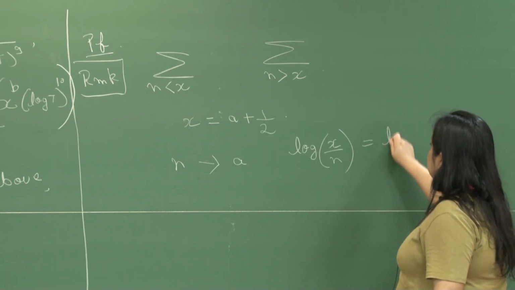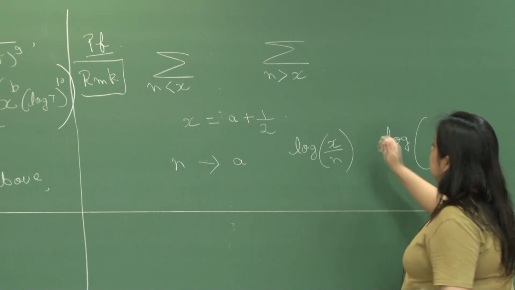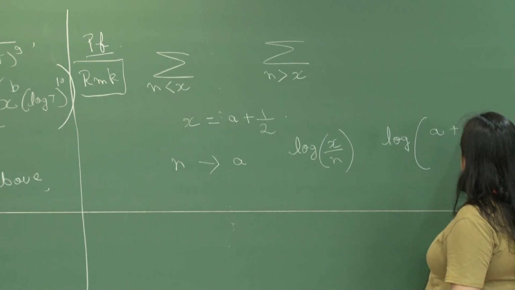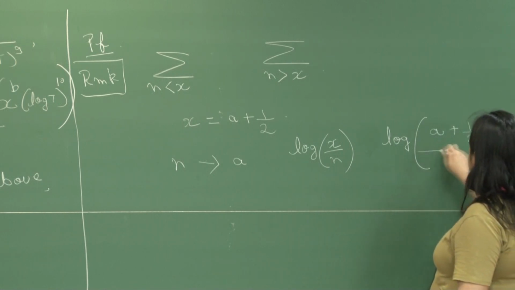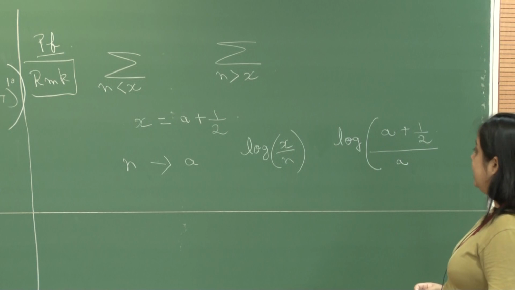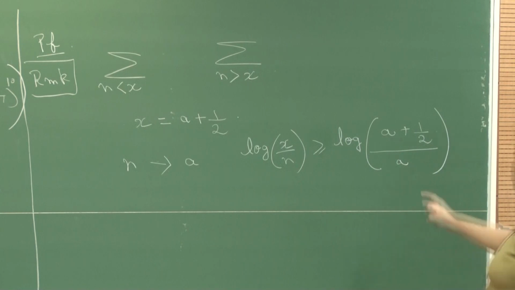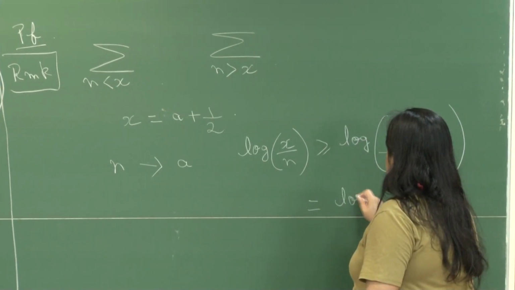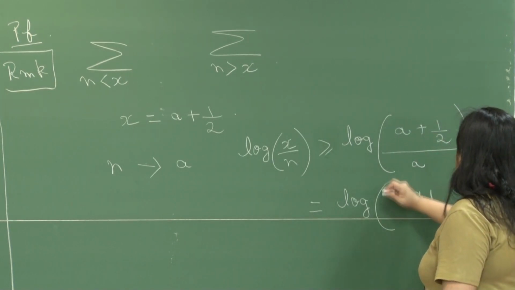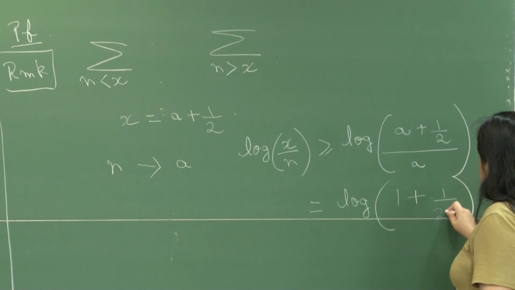So this will just become log of (a plus a half) over a. n is less than or equal to a, and so you have a bound of this form, which is log of (2a plus 1) over 2a, or rather this is just 1 plus 1 over 2a, okay.